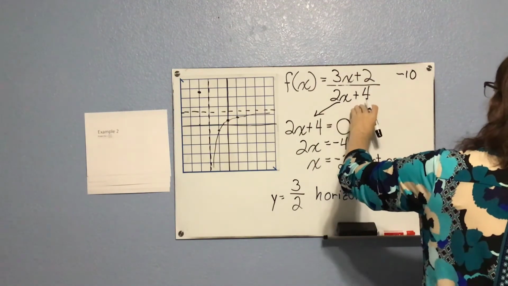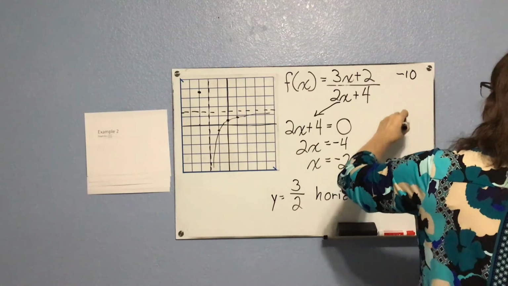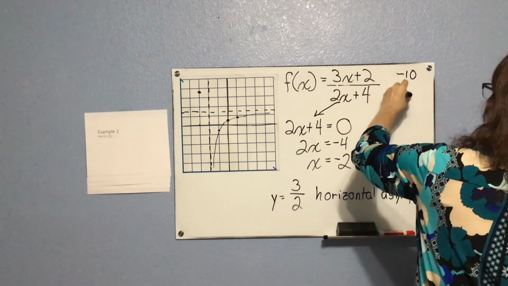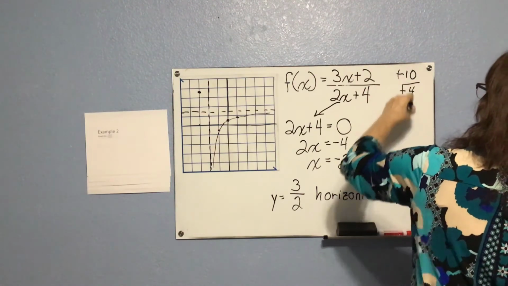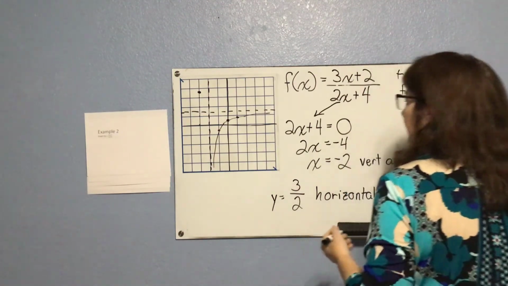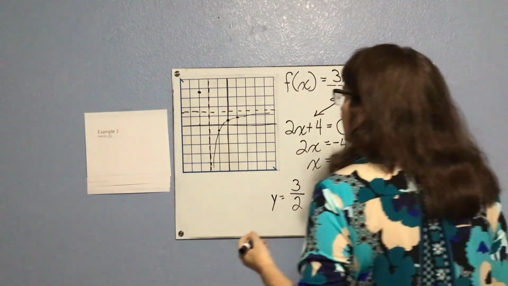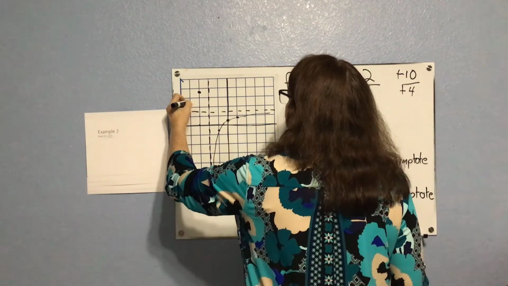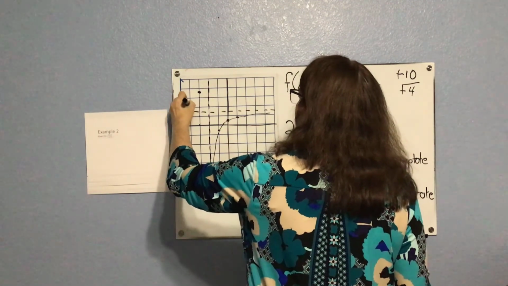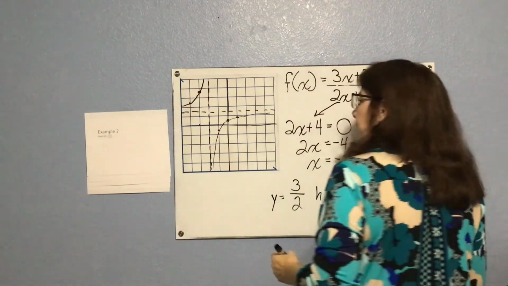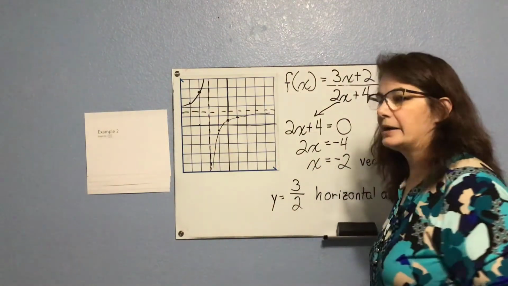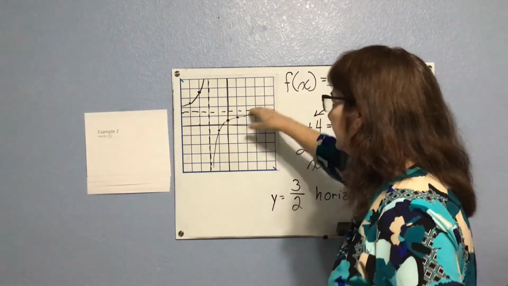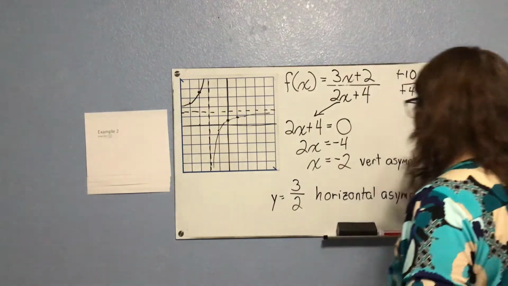The denominator is negative 8 plus 4, so negative 4. And 10 over 4 is the same as 5 over 2, or 2.5. So at negative 4, we're about here. And we can kind of see that this graph is starting to look like that. So that's our rational function with both a horizontal asymptote and a vertical asymptote.